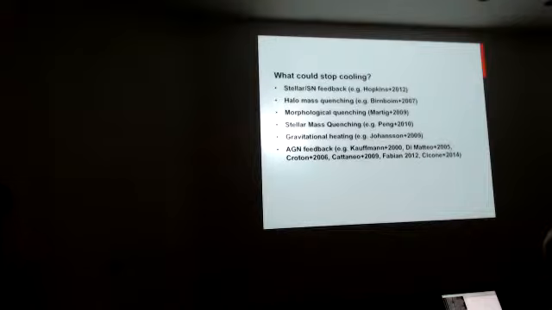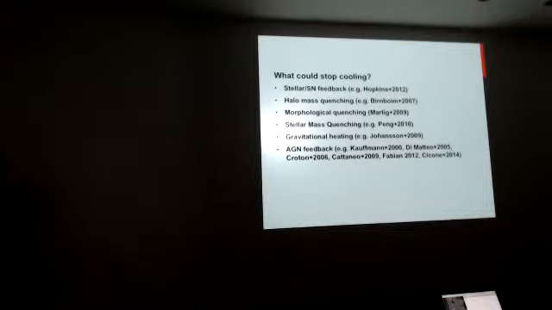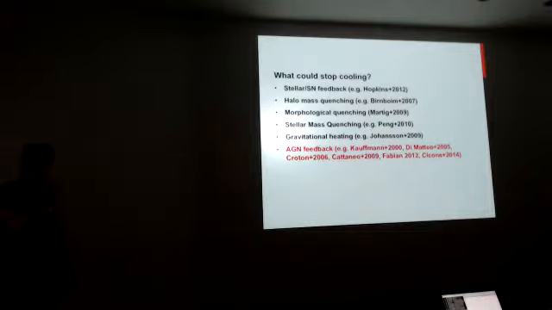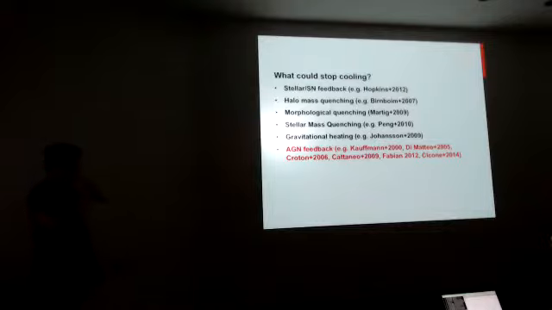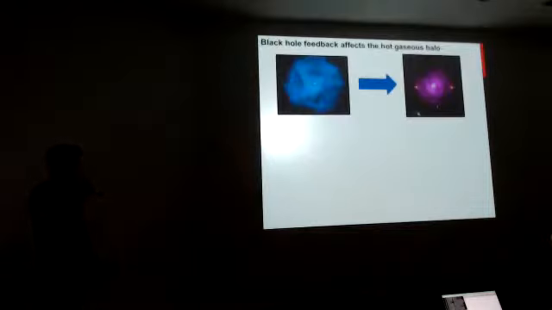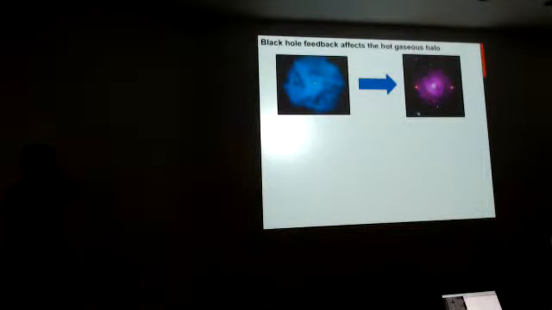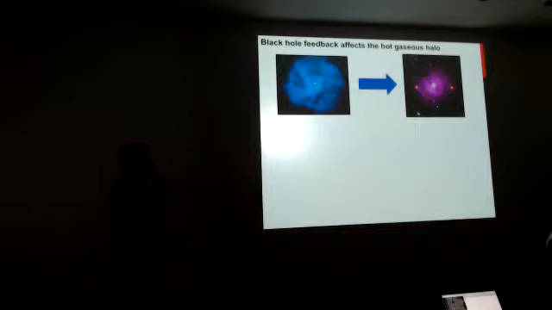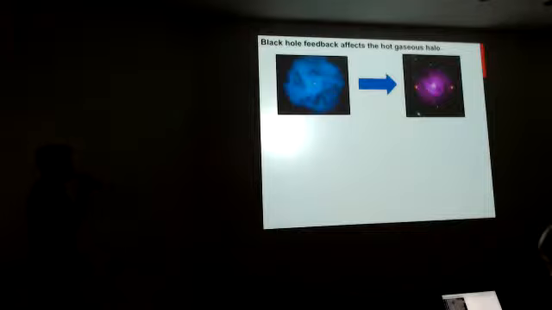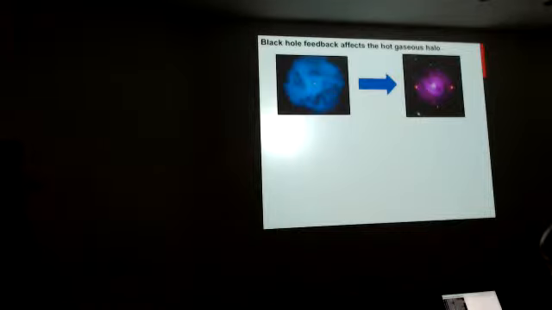A number of physical mechanisms have been proposed, and all of these probably happen in some way or another. But I'm going to be focusing on AGN feedback, and that's actually what models typically use in order to stop star formation, and for good reason. When we look at halos in the real universe, we see that AGN feedback affects them.